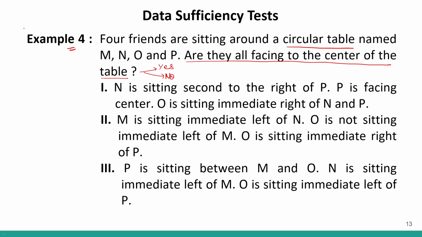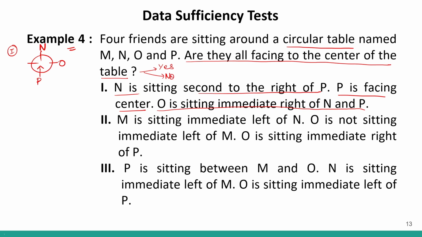Okay, the first statement says that N is sitting second to the right of P and P is facing the center. So this is the circle. Let's say we have 4 friends. If P is over here facing the center, N is second to the right, that means N will be over here. O is sitting to the immediate right of N and P. So immediate right of P, O will be over here.